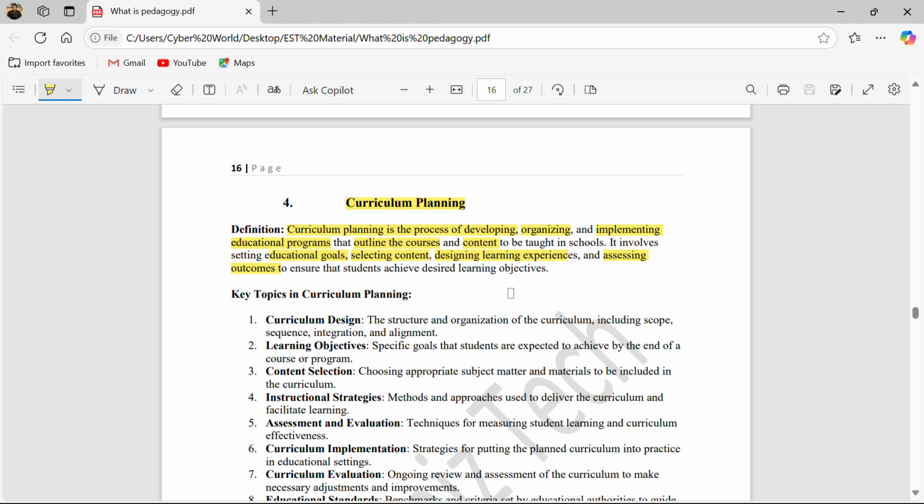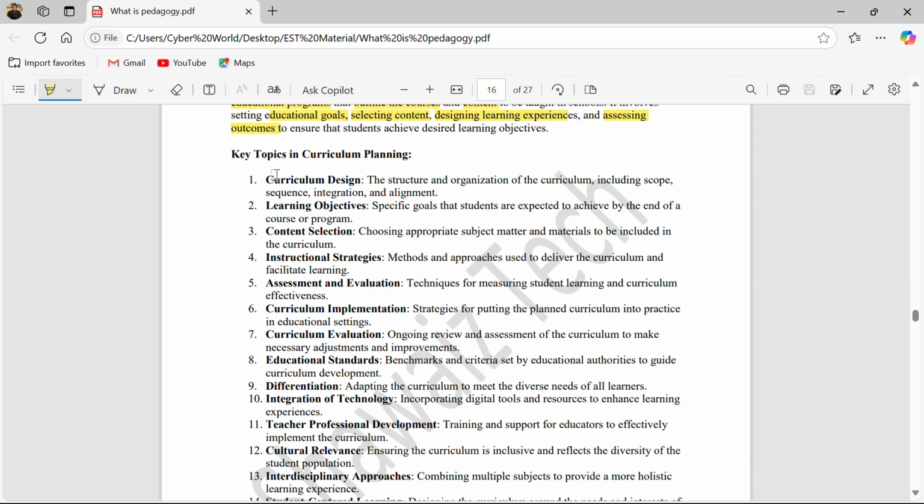So what are the key topics in curriculum planning? The first one is curriculum design. In curriculum design, the structure and organization of the curriculum include scope, sequence, integration and alignment.